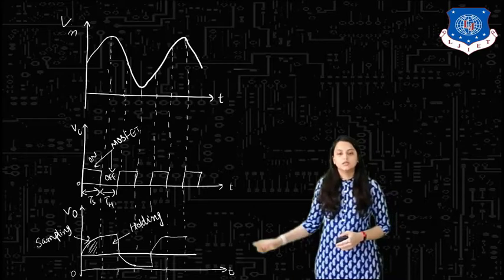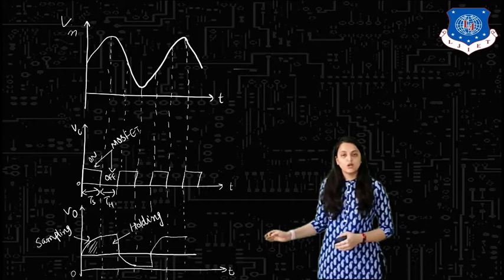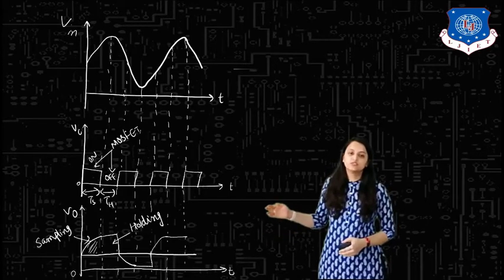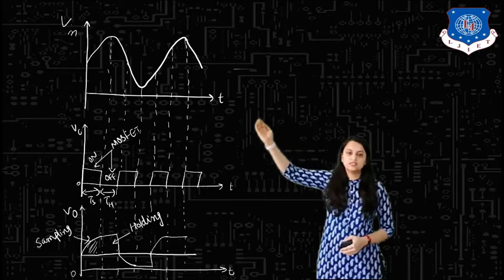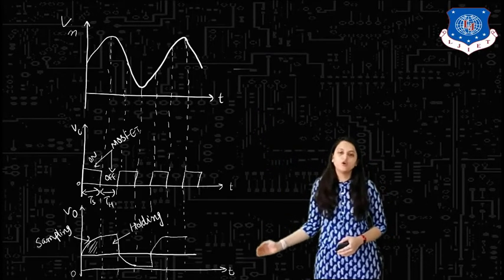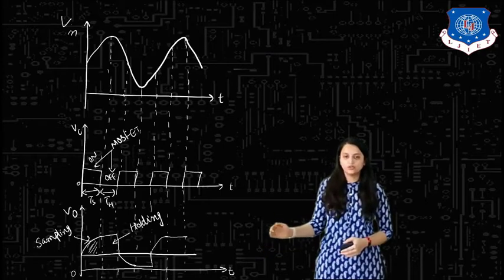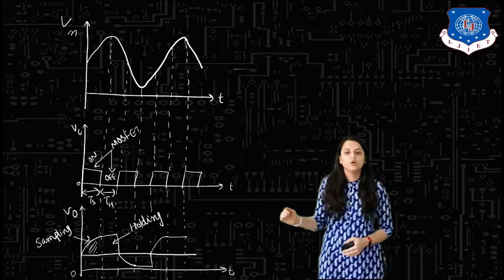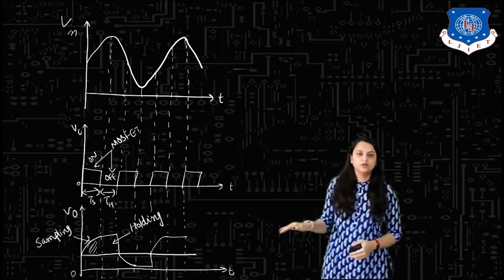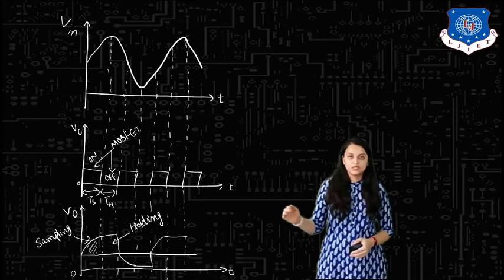As you can see at the output voltage waveform, whenever the MOSFET switch is on, it will sample the input waveform. As you can see, the input voltage is increasing. So in the sampling instant, it will follow the input waveform, so the output will be exactly the same as the input. In the hold state, that level is held at that particular instant. That means in that case, the output will not follow the input signal.